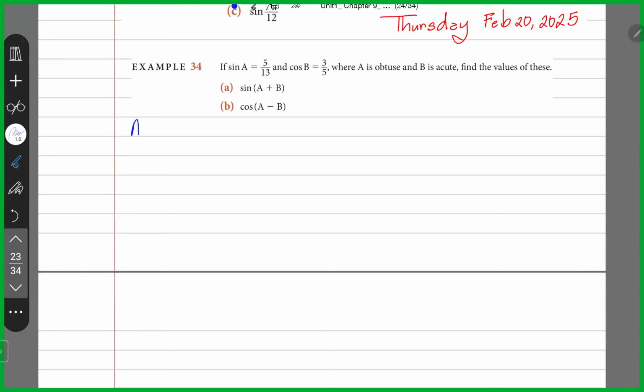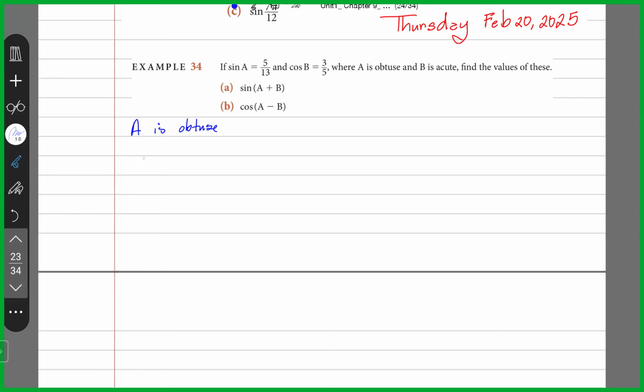So, very important, A is obtuse. Now, an obtuse angle is between 90 and 180 degrees. And if A is obtuse, it means that A lies in the second quadrant.